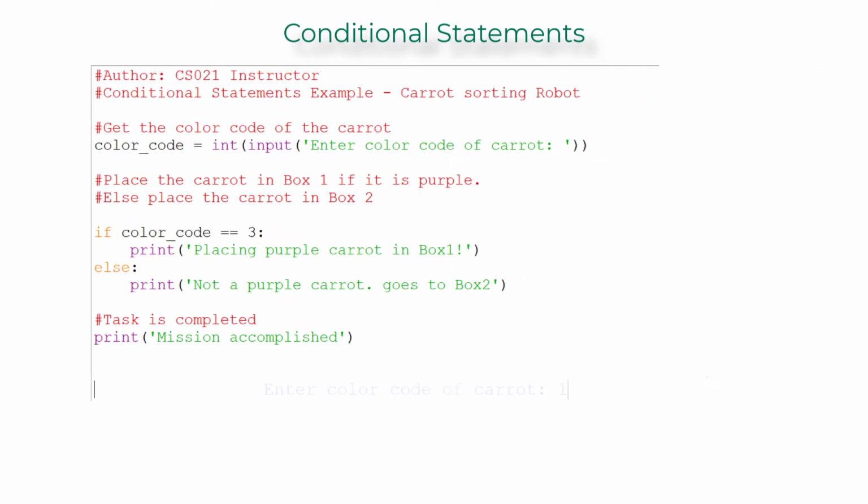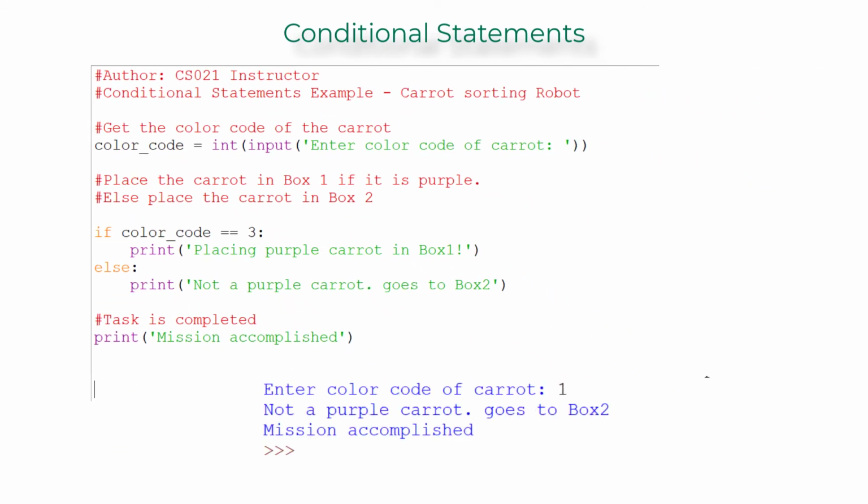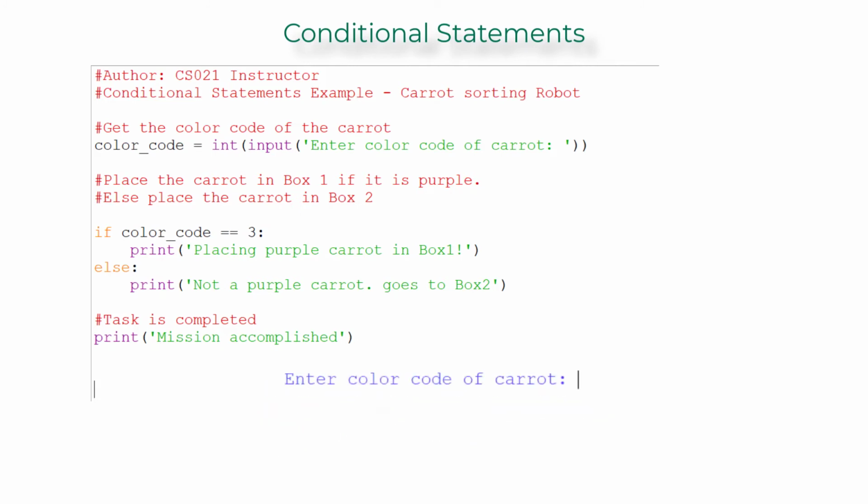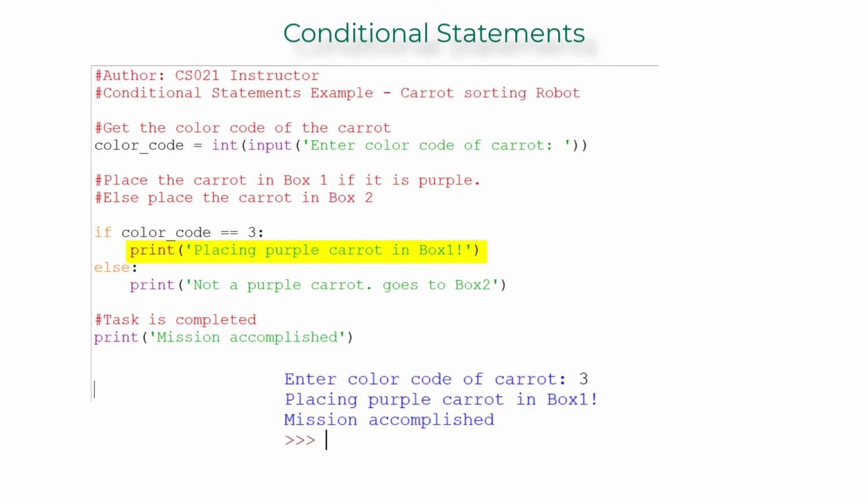When color code is 1, the program displays this output. The value in the color code variable will be 1, and the condition in the if statement is not met. So it enters the else code block and executes the code in it. If we do enter color code 3, the code in the if statement block will get executed and the block of code under else will be skipped.